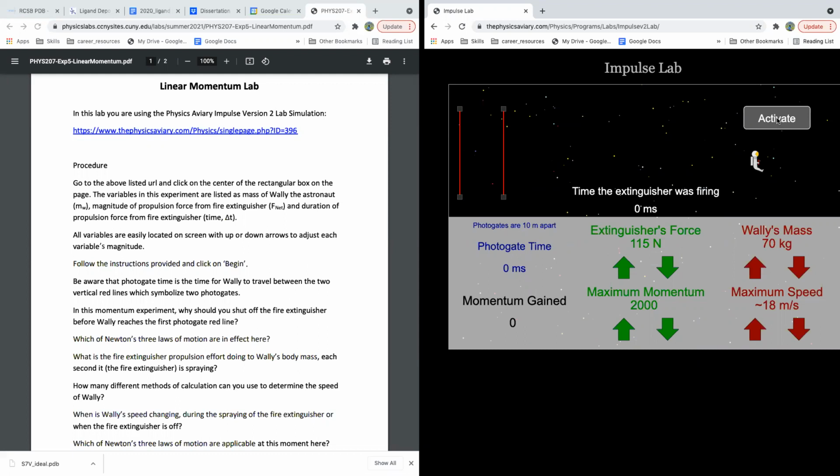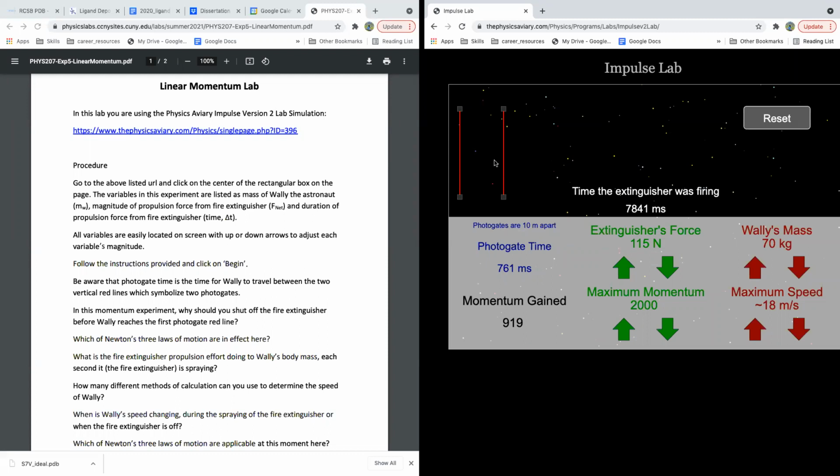Let's see, activate. So you see, it starts accelerating. I want to shut off here now. So basically when the astronaut reaches this position, the extinguisher is shut off. That means from here to here, the astronaut passes the photo gates with a constant speed.